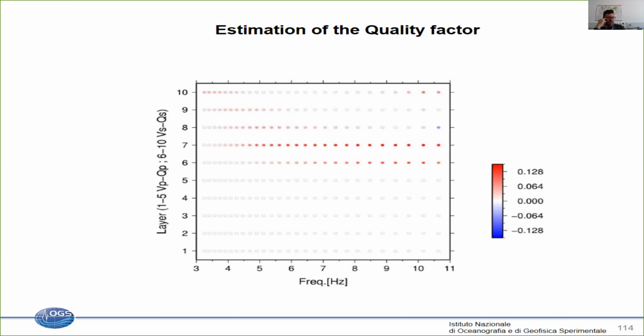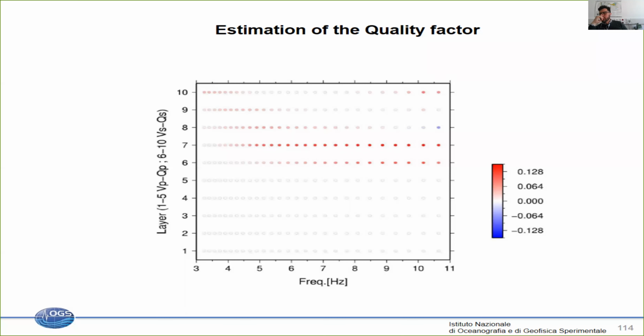This is still a method that didn't become yet, how can I say, standard. We are still working on it. We have, for example, a PhD student working on improving the method of inversion.